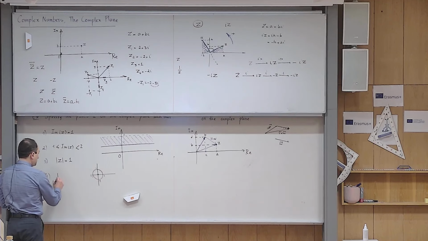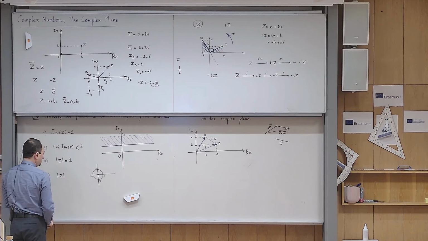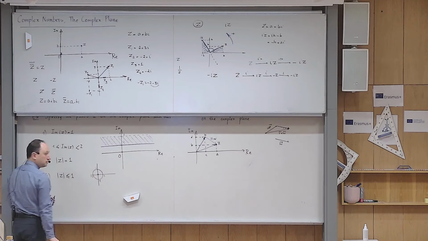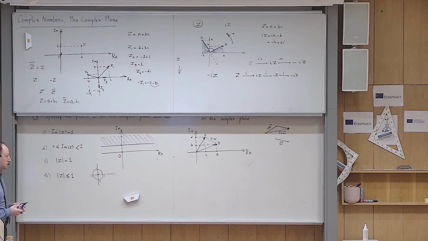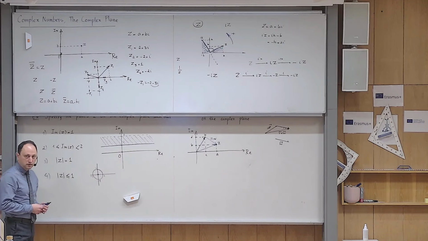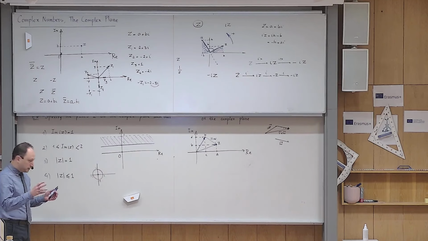You might get this in the exam: absolute value of z is less than or equal to 1. Then what happens? This time you are interested in all the points with absolute value 1 or less than 1. It means all the points whose distance to the origin is 1 or less. It's the same circle, but with the inner area.